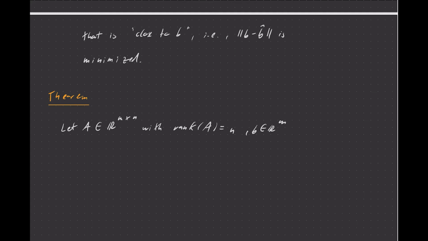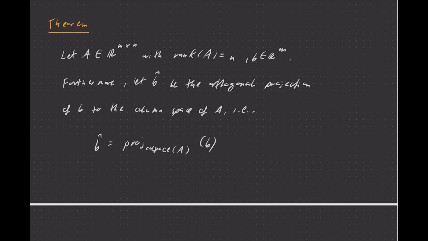And let B be in R to the M. Furthermore, we'll define B hat as the orthogonal projection of B to the column space of A. In other words, B hat is equal to the projection onto the column space of A of B, like this.